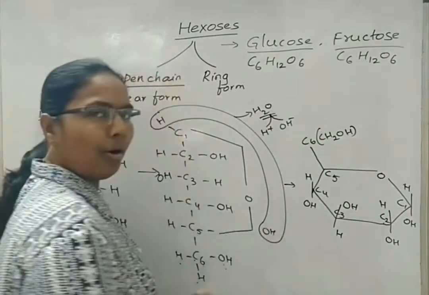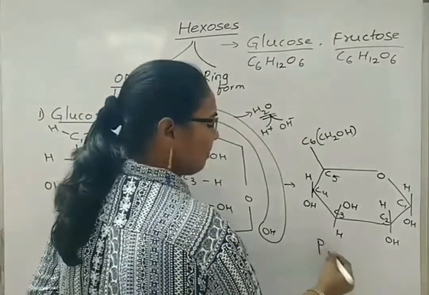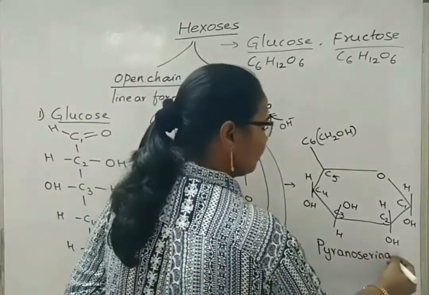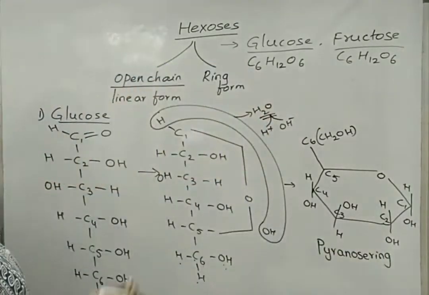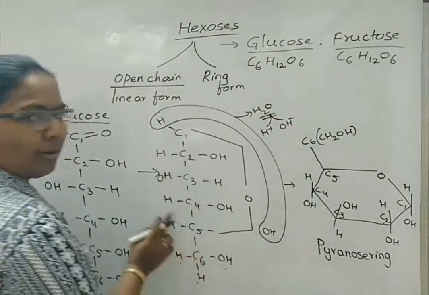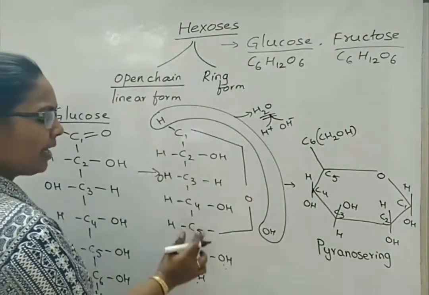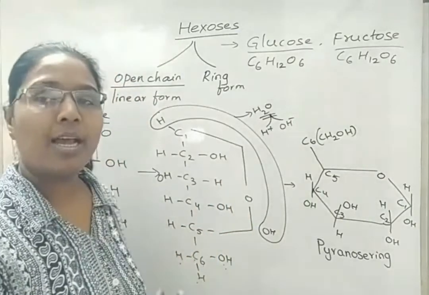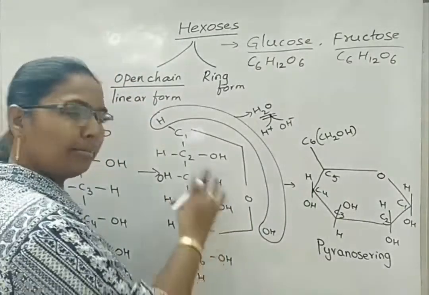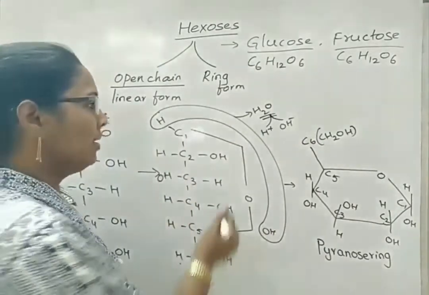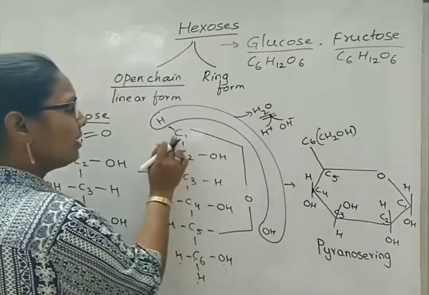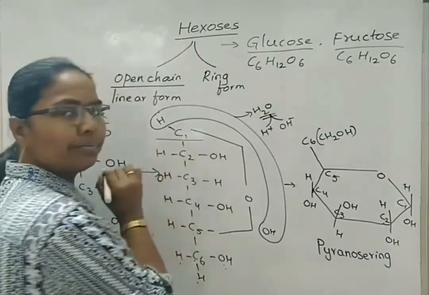The ring form of glucose is called the pyranose ring. Since the bond is formed within the molecule between carbon 1 and carbon 5, such compounds which have formed a linkage between them are called hemi compounds, but here this is an aldehyde group.